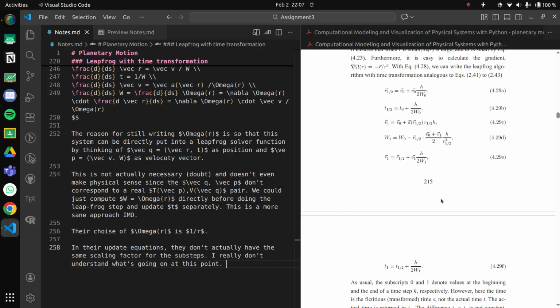This is not making any sense at this point. I really don't know what's going on. Can we do the same kind of algebra that we were doing for that thing, like t sub t, basically?